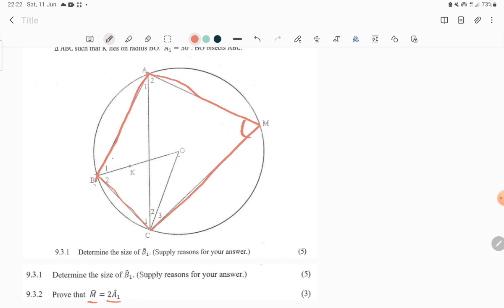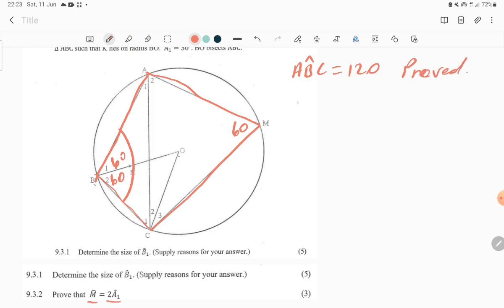So if we have 60 here and we also have 60 here, that makes this 120, and of course this has to be 60 degrees to make 180. But we need to show the calculations for that. So what are we having? We have angle ABC is equal to 120 degrees. The reason: we did the proof.